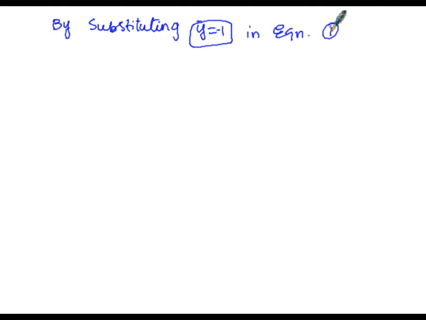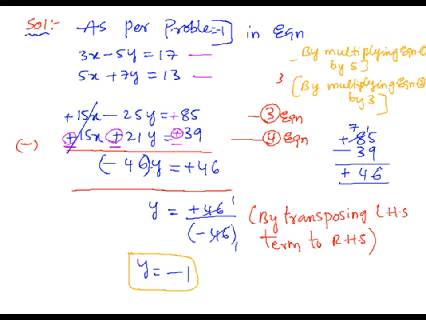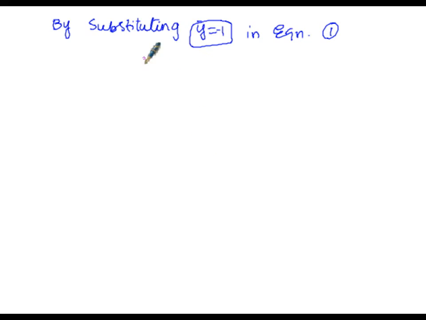The first equation, as per the problem, is 3x minus 5y equals 17. So 3x minus 5y equals 17 is our equation number 1. We have to substitute y as minus 1.